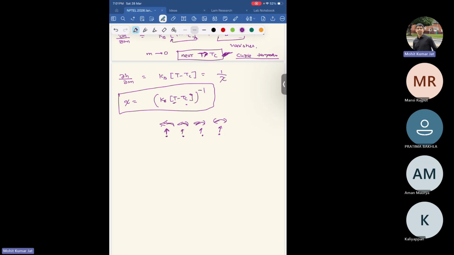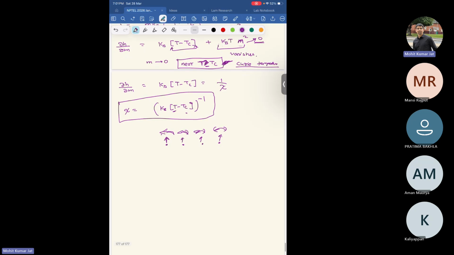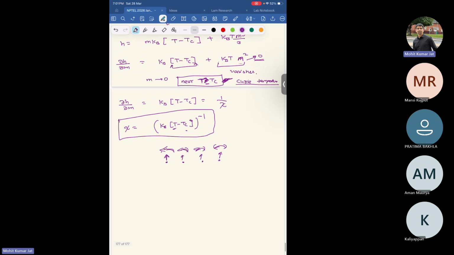If your thermal energy is large enough, your M will approach zero. So when T is greater than or equal to Tc, this is the case. For T less than or equal to Tc, this magnetization term will be there. If you have any question on this, we can discuss it; you can type it in the chat box.